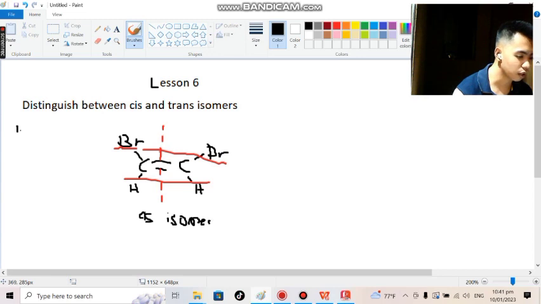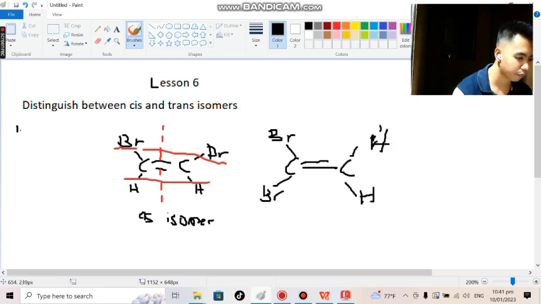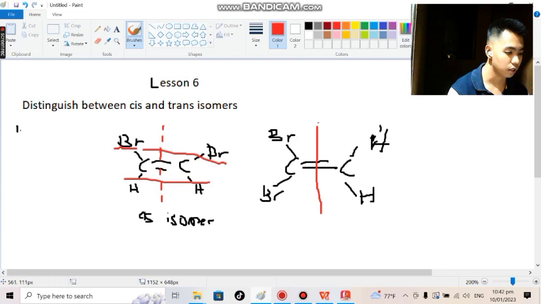We cannot call it a cis isomer if, let's say for example, that our bromine and our bromine are on the same bond. This is not going to be an example of cis isomers. Yes, they are on the same side, but this is not what is meant by the same side.